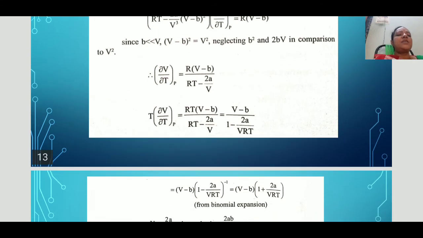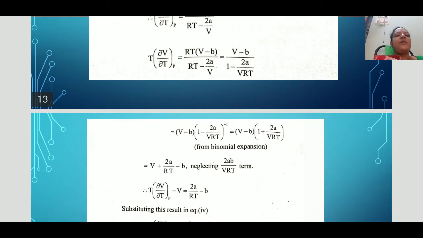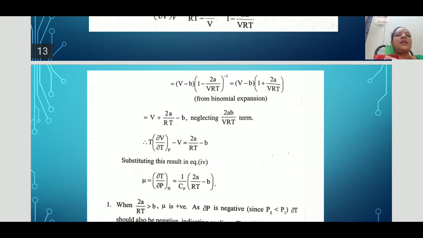Again this must be equal to (v − b)/(1 − 2a/vRT). Using binomial expansion, (v − b)(1 − 2a/vRT)^−1 is equal to (v − b)(1 + 2a/vRT). Again we are neglecting the 2ab/vRT term: v + 2a/RT − b.